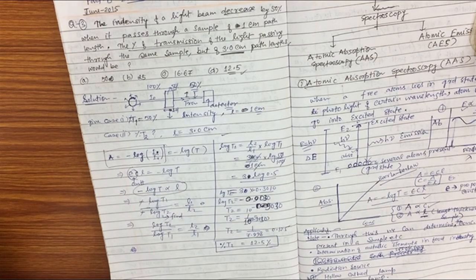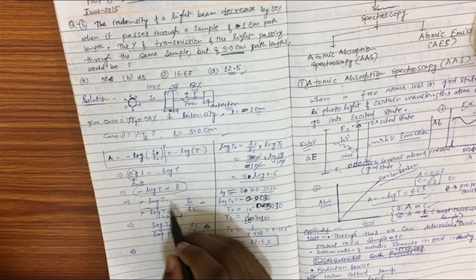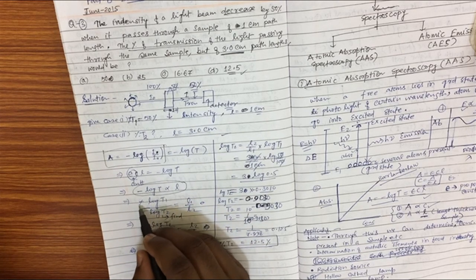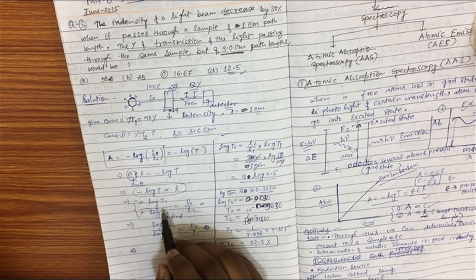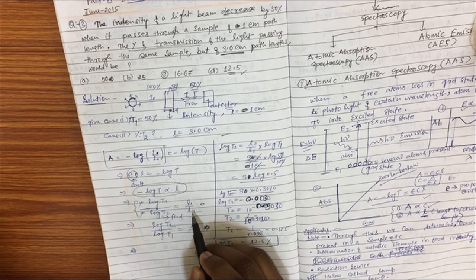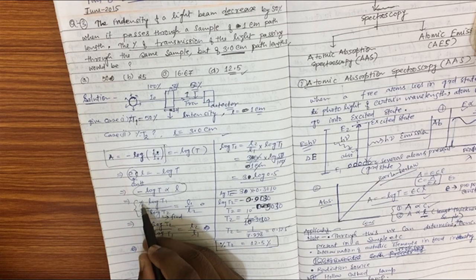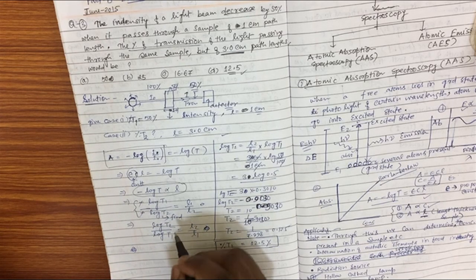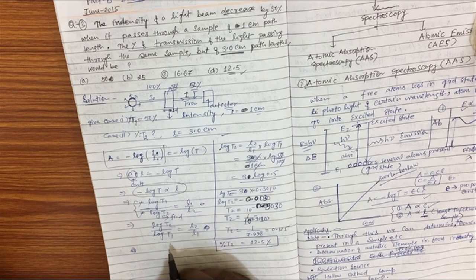Okay, so here we will write like this: minus log of T1 upon minus log of T2 is equal to L1 upon L2. Here the minus signs cancel out, and you have to find T2.